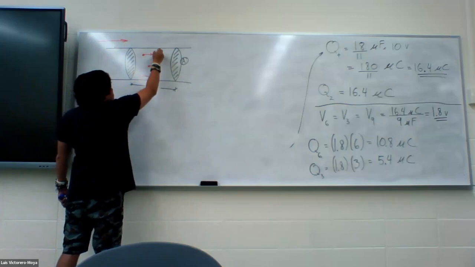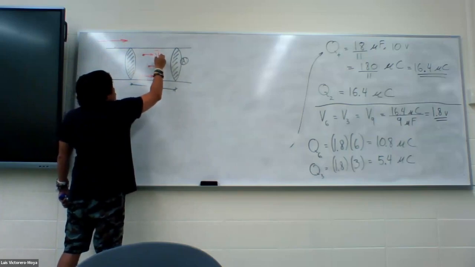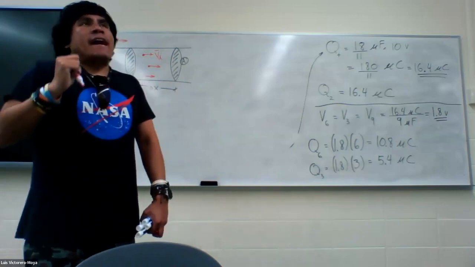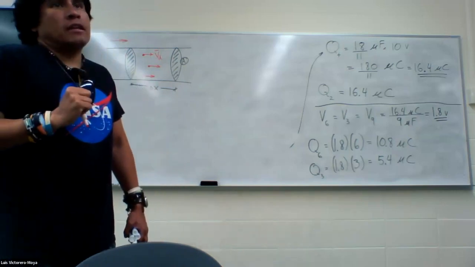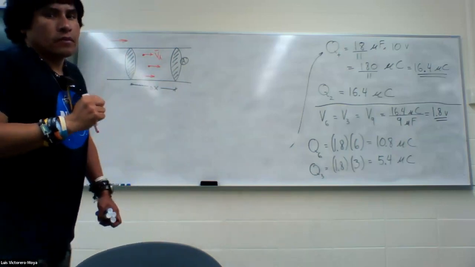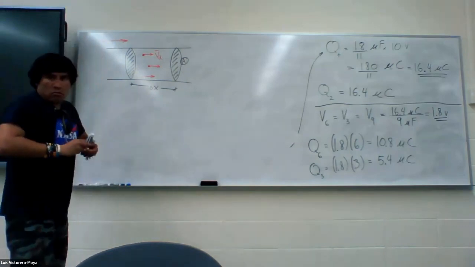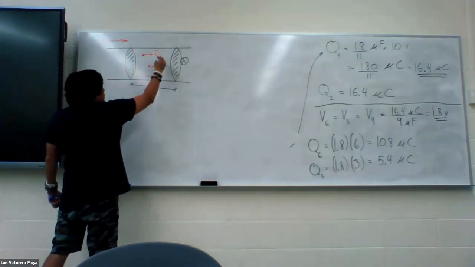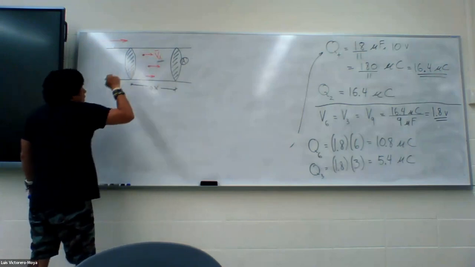The electrons move very slowly with what we know as a drift velocity. So these electrons here are moving with this v, the drift velocity.